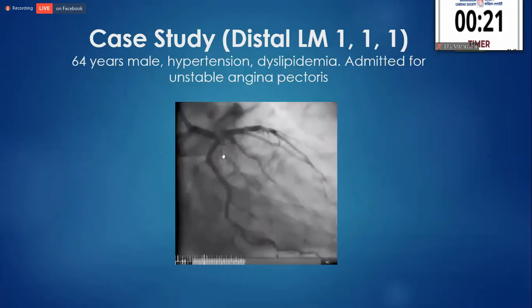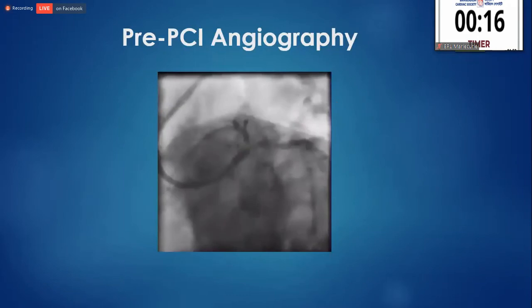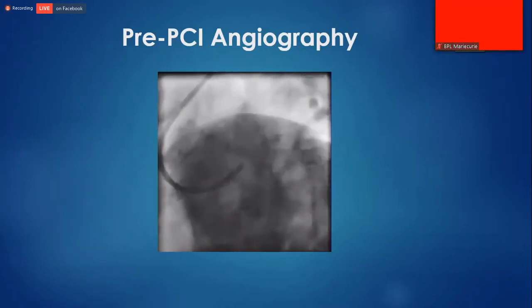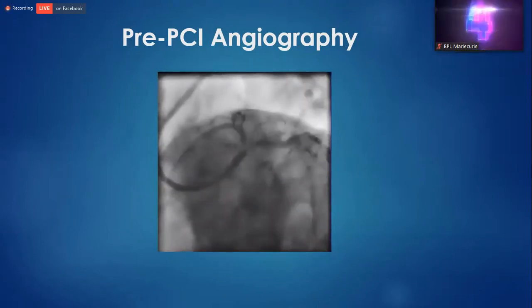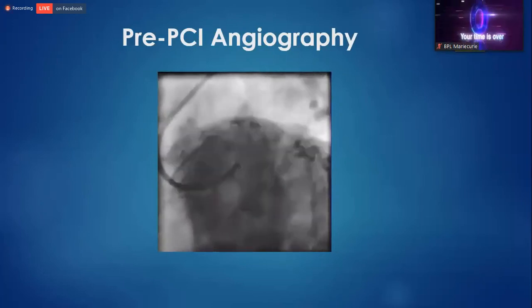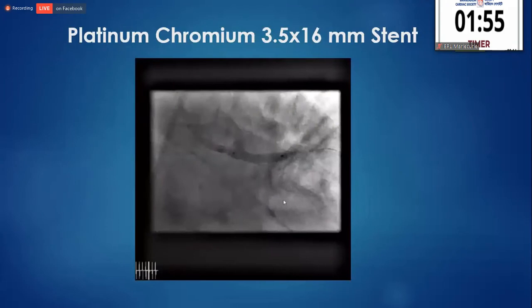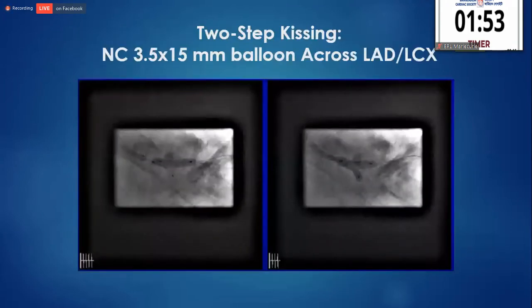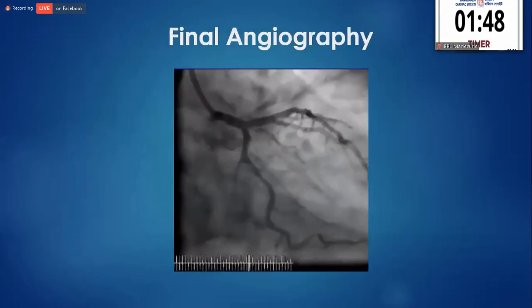At first the wiring of both vessels was done, then the more angulated branch was stented and rewiring in the main branch or straight branch, then POT was done and rewiring again into the side branch and double kissing balloon technique was done. Here the recrossing and the straight branch was stented, then the kissing balloon technique was done. Final angiography shows a good result.